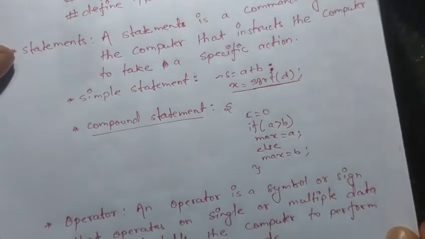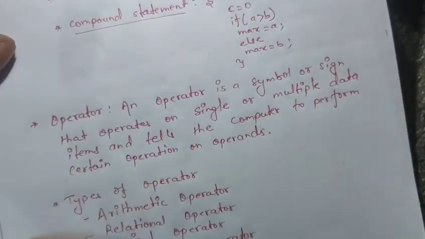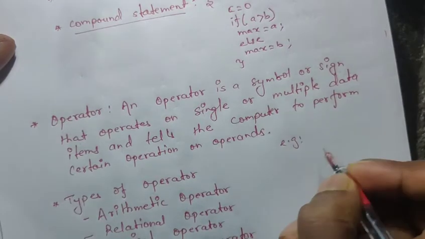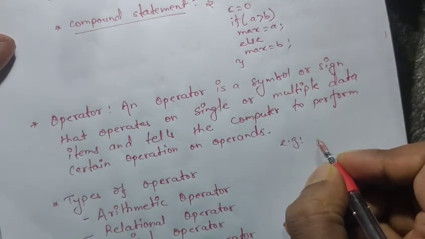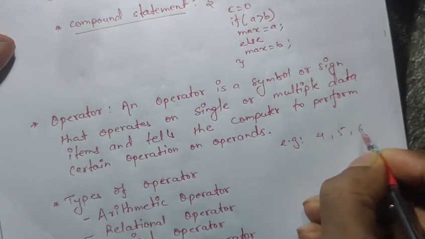Let's see something else: some introduction to operators. So what is an operator actually? An operator is a symbol or a sign that operates on single or multiple data items and tells the computer to perform certain operations on operands. What is an operator in real life? I'll write an example with numbers like 4, 5, 6, 7.